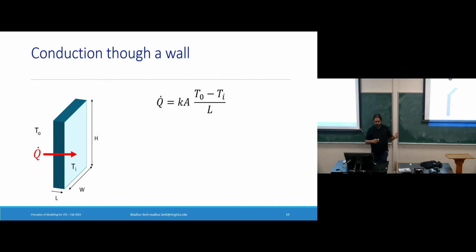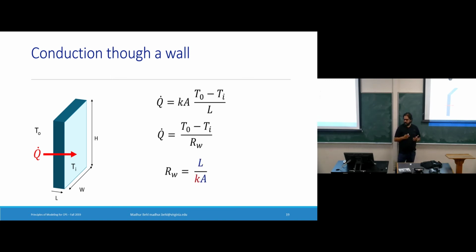So I can rearrange some of these terms and rewrite this equation as the heat flow through the wall is delta T divided by a new term I define called RW, where RW will be this quantity, because it's just variable manipulation at this point.